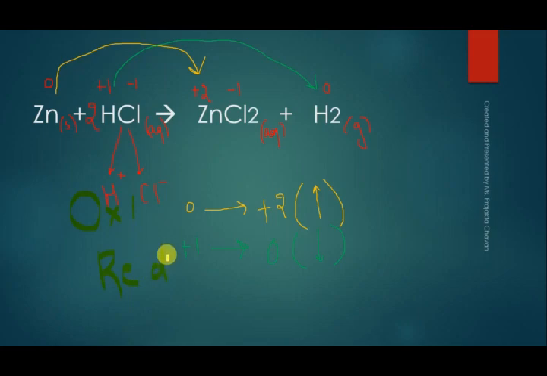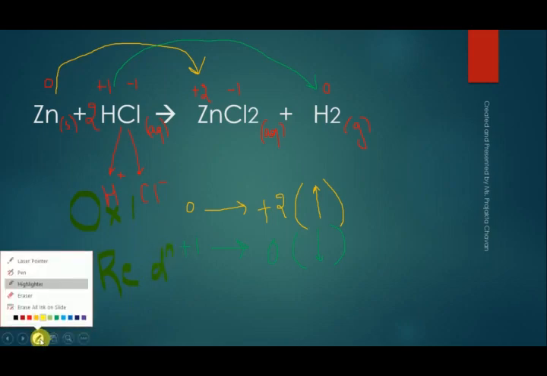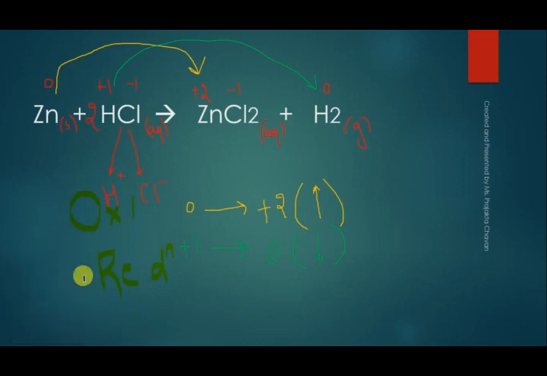So here for this equation, we can say that zinc is undergoing oxidation, whereas HCl is undergoing reduction. Or in other words, we can also say that zinc is the reducing agent, whereas HCl is the oxidizing agent.